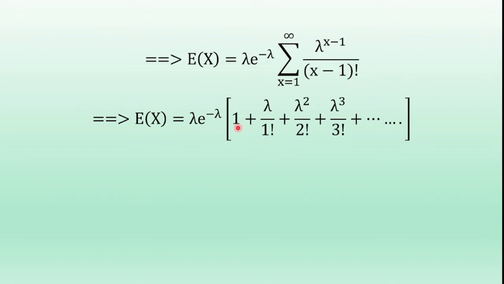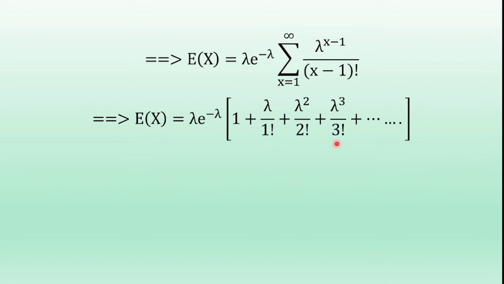Next, for x equal to 2, lambda by 1 factorial, then lambda square by 2 factorial, and so on. So we get 1 plus lambda by 1 factorial plus lambda square by 2 factorial plus and so on.